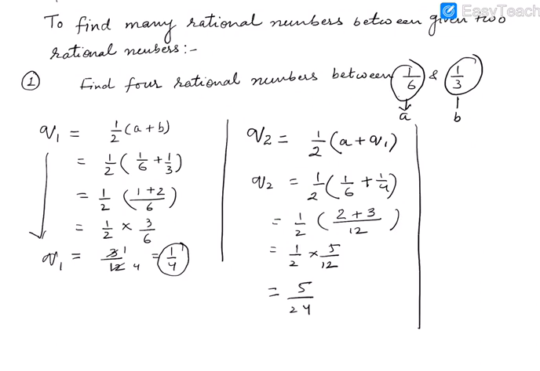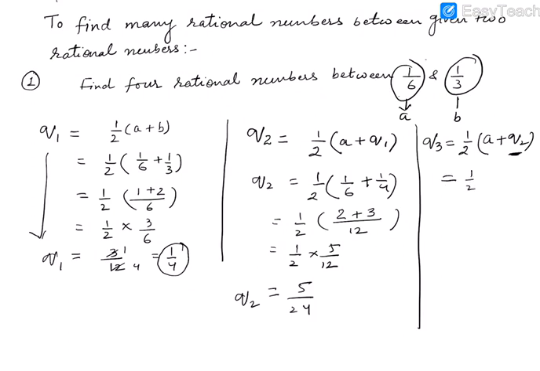Now how to get the third rational number? Same procedure we will use here. Half of A plus Q2. You can take Q1 also, or in place of A you can take B also, it doesn't matter. Whatever you have got previously, either Q1 or Q2, you can take any one.